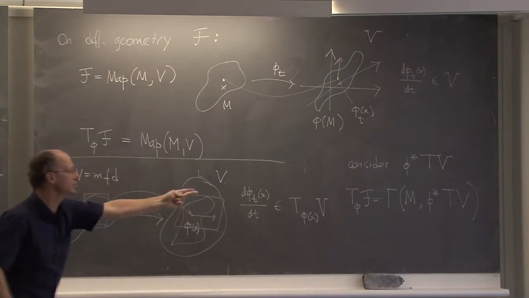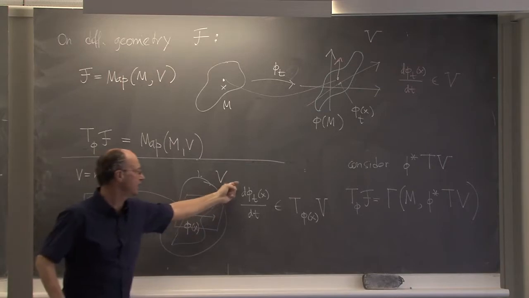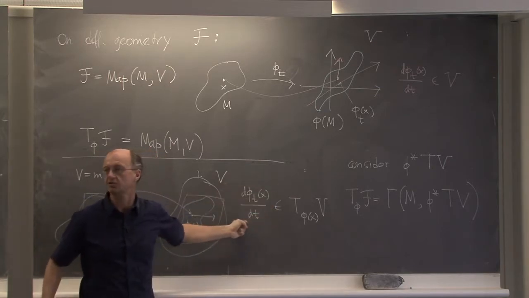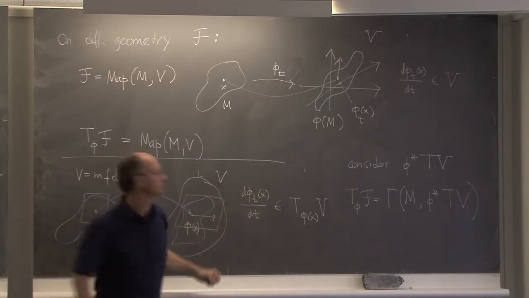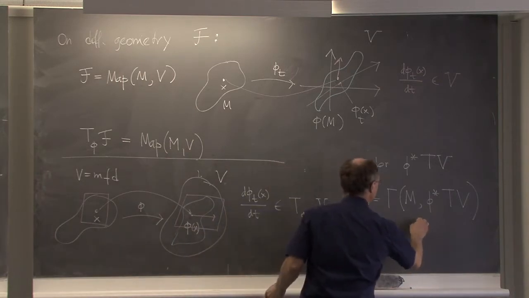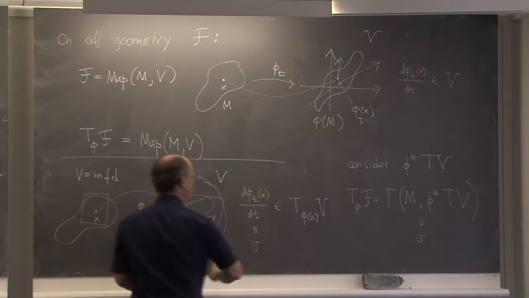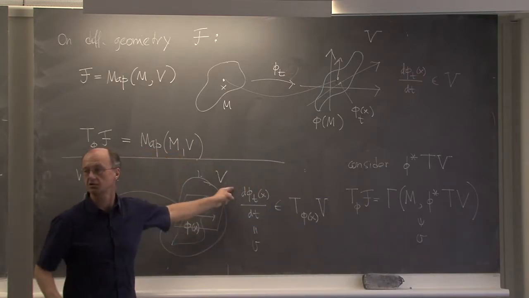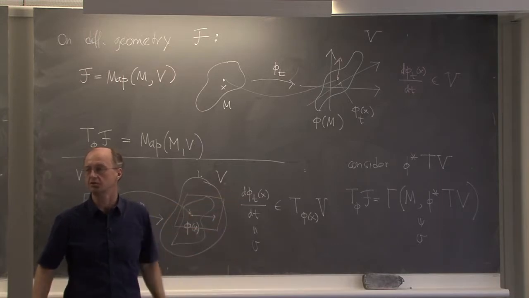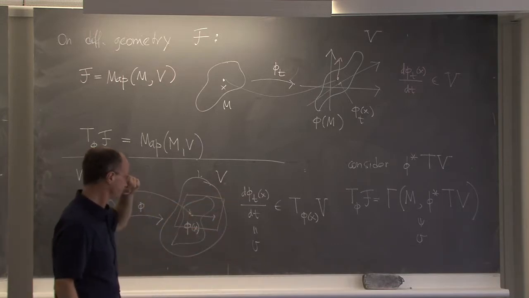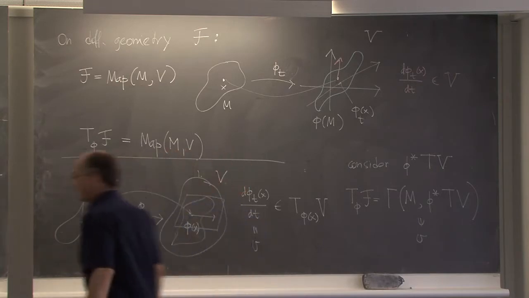So once you're given such a section, you can meaningfully write this equation. If you have a section, let's say v here, then you can meaningfully write such an equation, and that's what you want for the tangent space. Right.